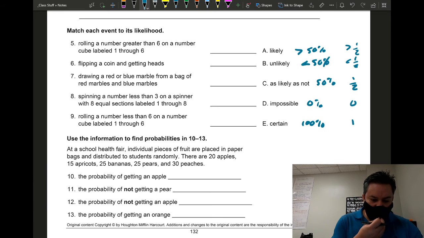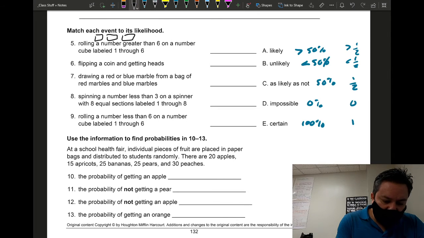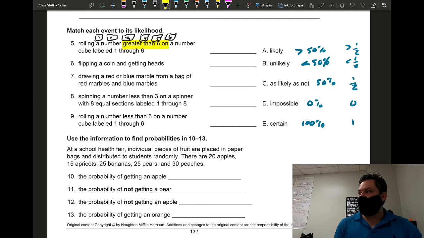Okay? So, number 5, it says rolling a number greater than 6 on a number cube labeled 1 through 6. So you have 6 numbers, right? You have 1, 2, 3, 4, 5, 6. They're asking for a number greater than 6. Is there any number greater than 6 in there? I do not see anything greater than 6.